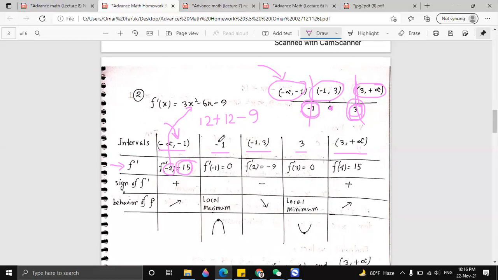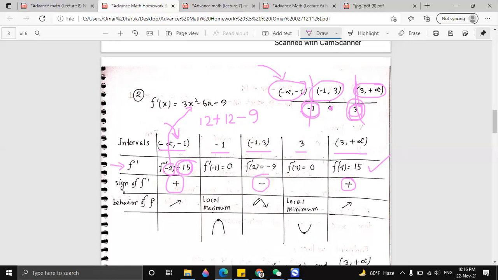And f derivative of -1 is 0, f derivative of 2 is -9, f derivative of 3 is 0, and f derivative of 4 is 15. So you can see these two intervals are increasing, and this is minus, that means it is decreasing.